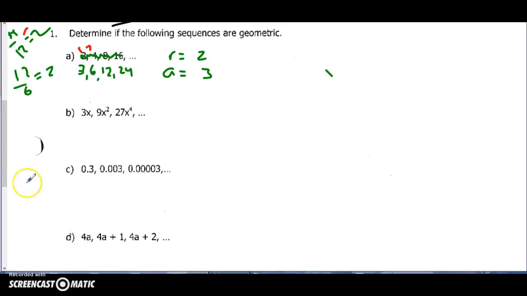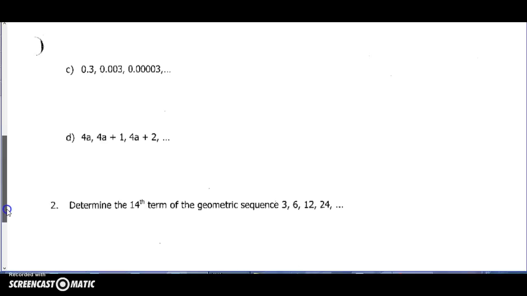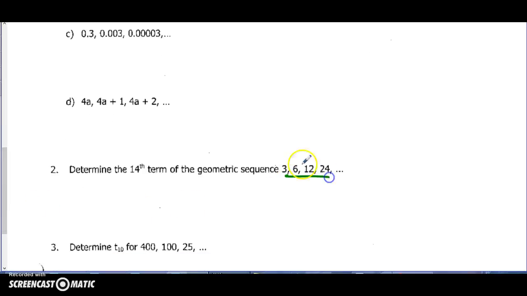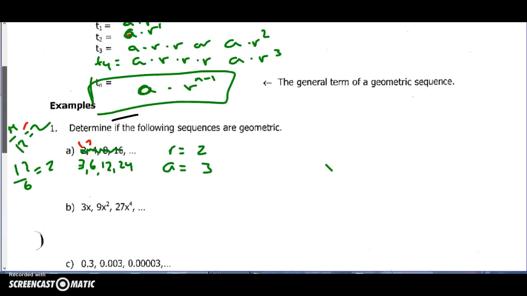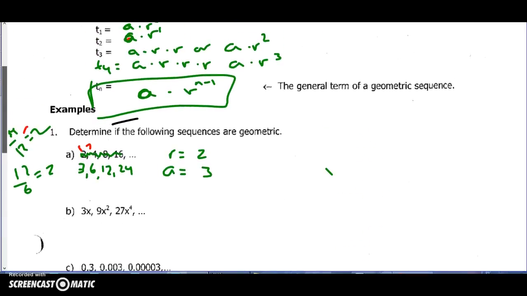If you want to figure out the 14th term of this sequence, 3, 6, 12, we already started off with the same numbers. A is 3. R is 2, 6 divided by 3, 12 divided by 6, that's 2. If I want the 14th term, I want T14. So my equation was Tn is A times R to the n minus 1.